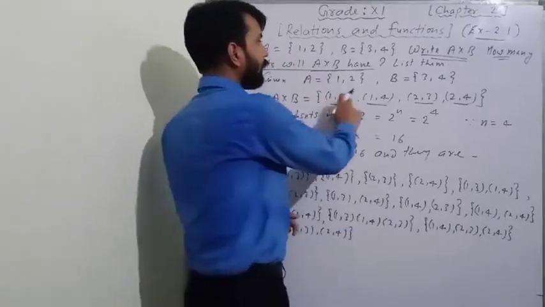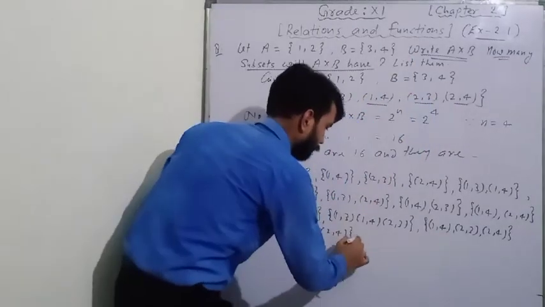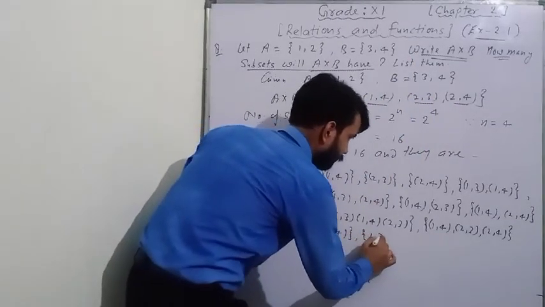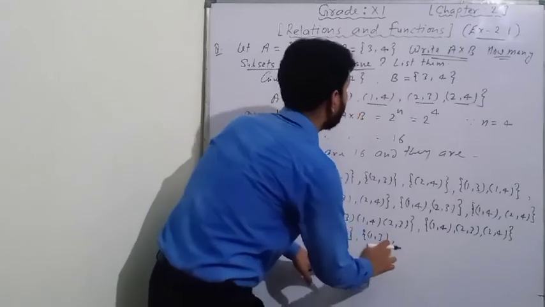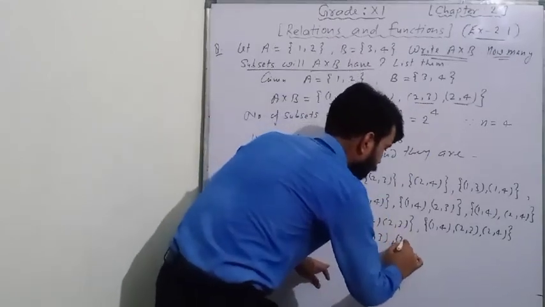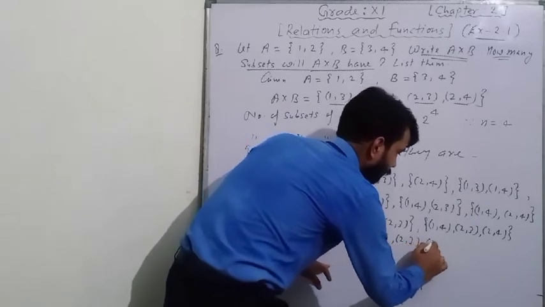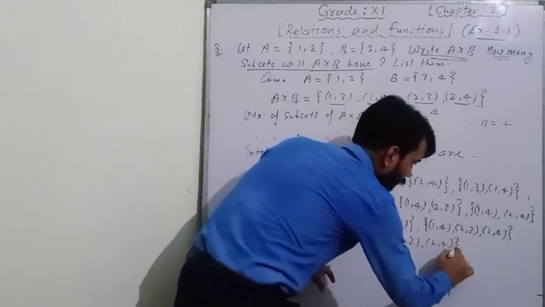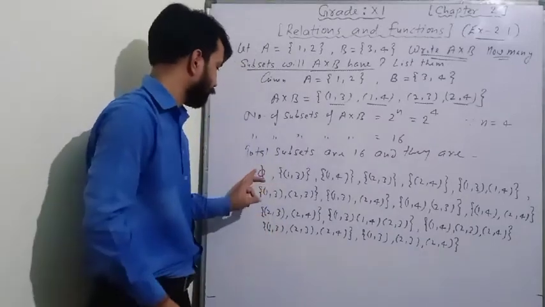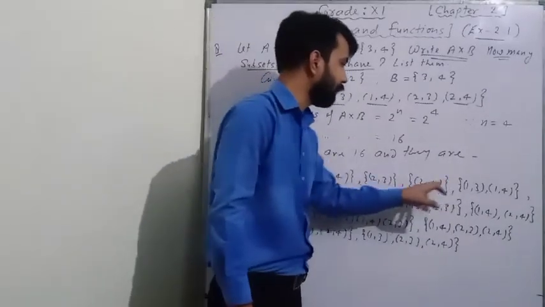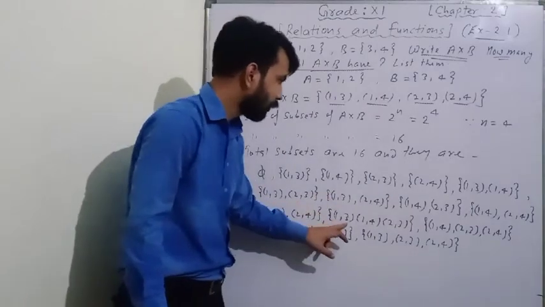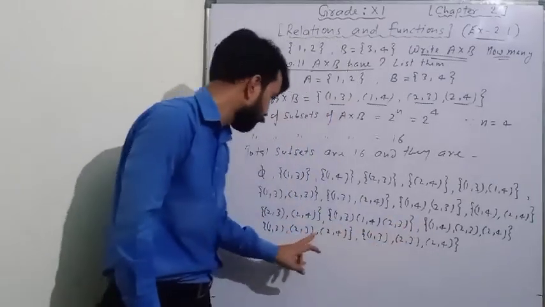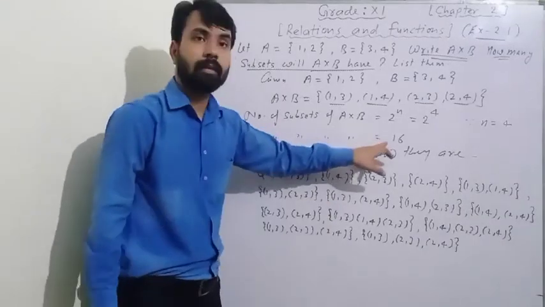Now (1, 3), (1, 4), (2, 4). Now count how many: 1, 2, 3, 4, 5, 6, 7, 8, 9, 10, 11, 12, 13, 14, 15. Total 16. One is left.